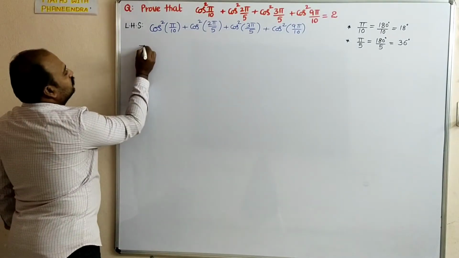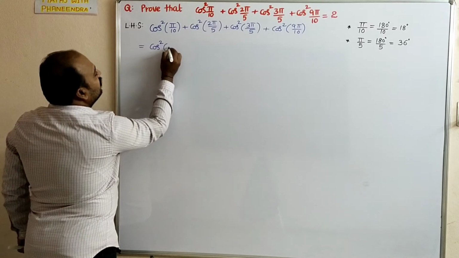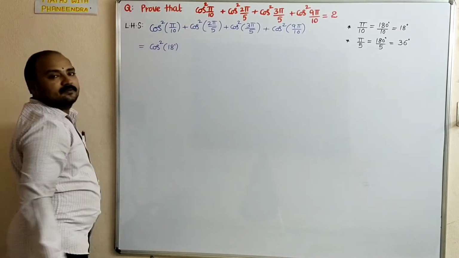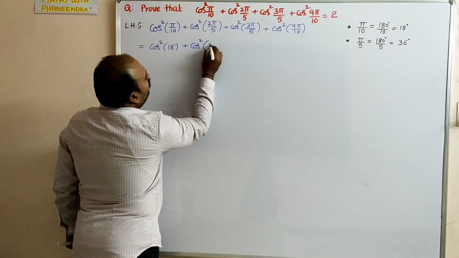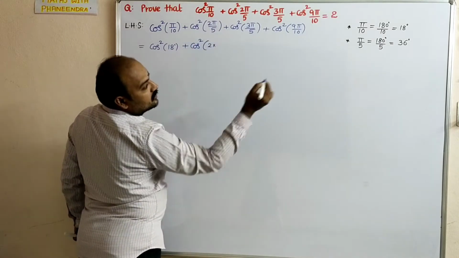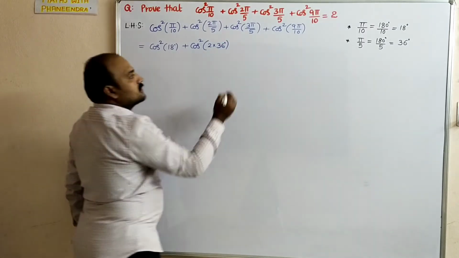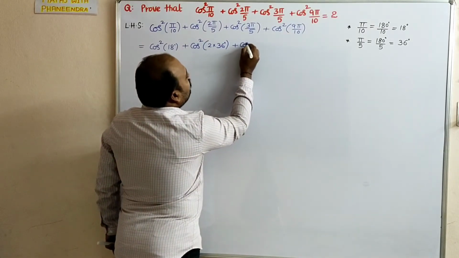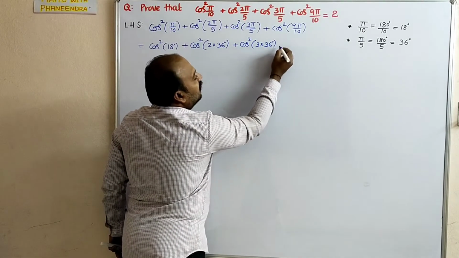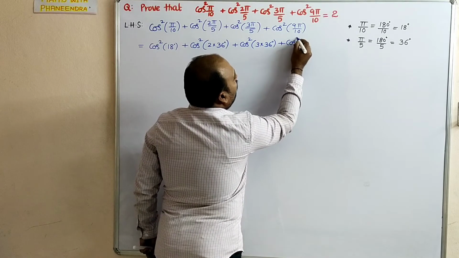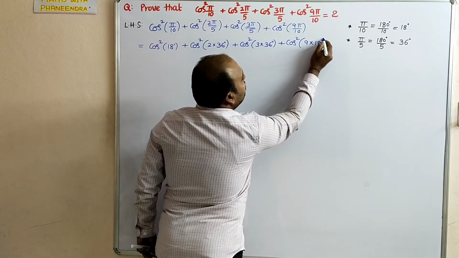which is equal to cos square pi by 10 means 18 degrees, cos square 18 degrees plus cos square of 2 into pi by 5 means what? 36 degrees, plus cos square of 3 times 36 degrees plus cos square of 9 into pi by 10 means 18 degrees.